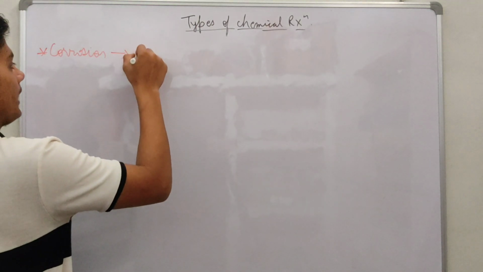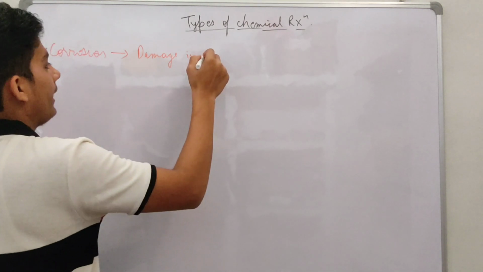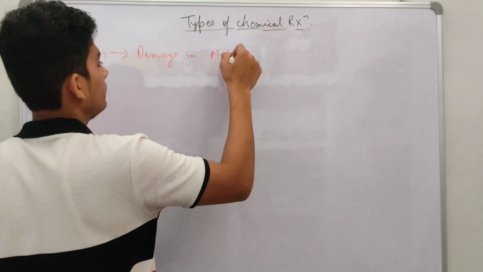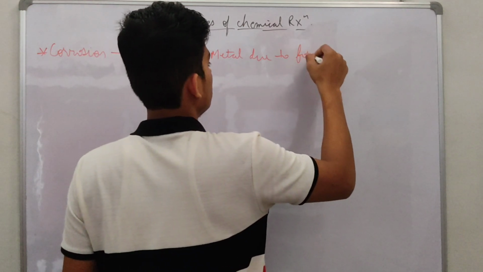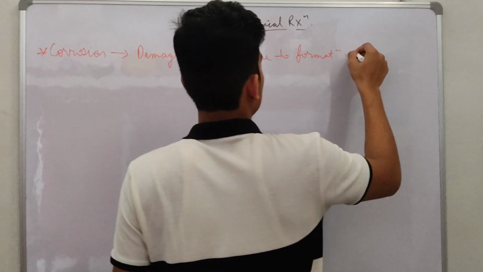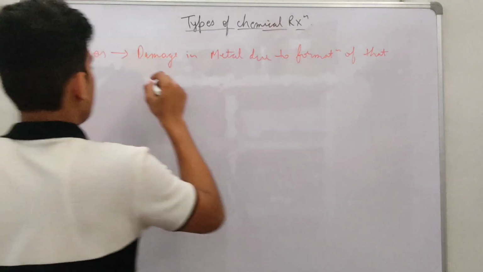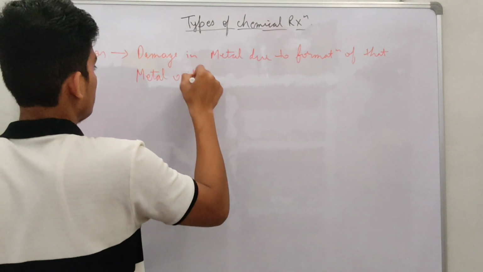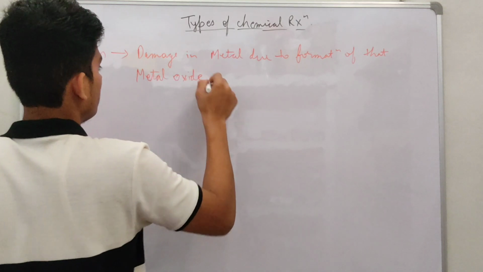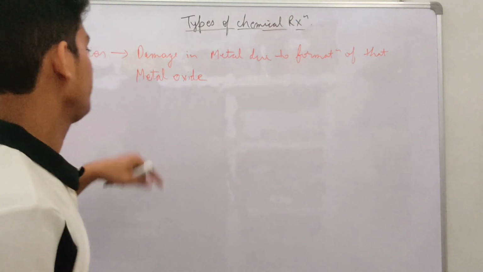Corrosion is the damage of iron or any metal due to formation of that metal oxide. Basically it is damaging metal due to formation of that metal oxide.